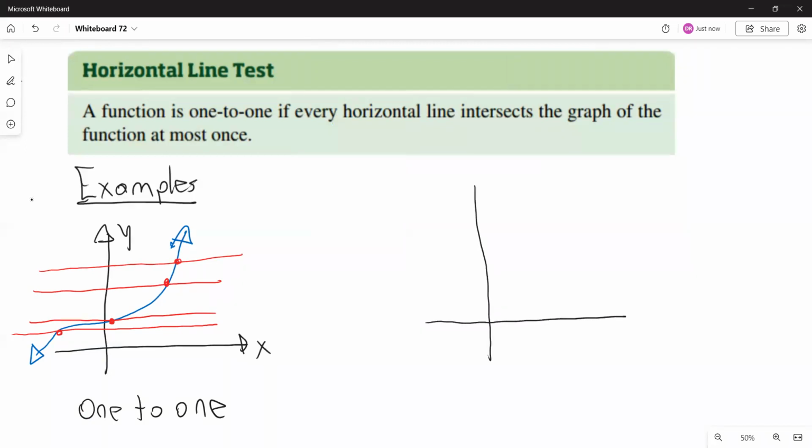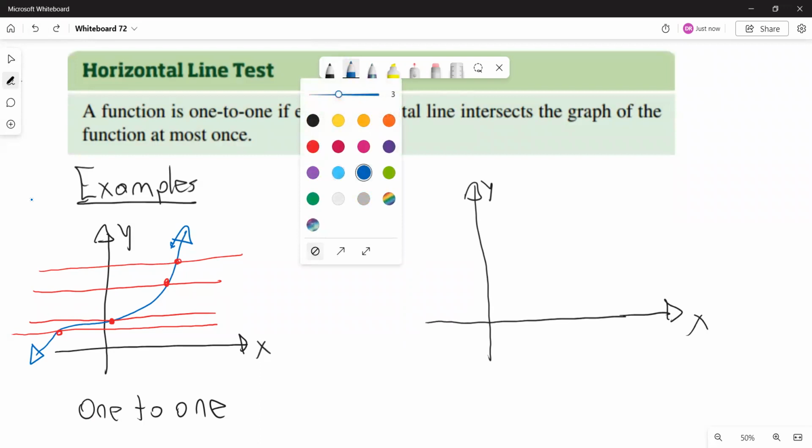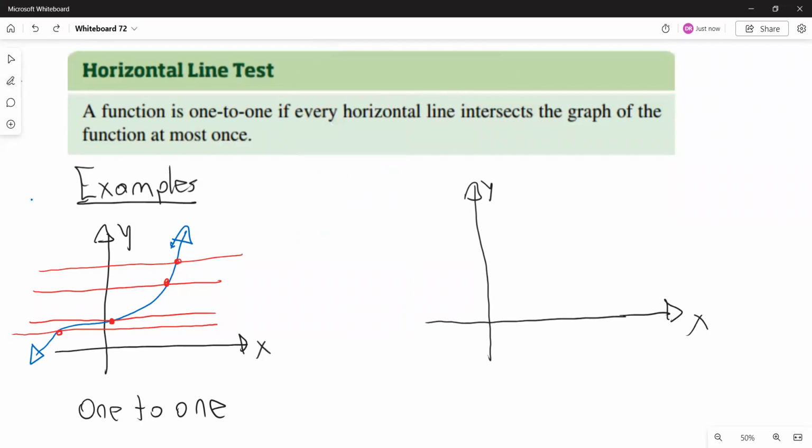And if there's a horizontal line that crosses the graph more than once, then the function is not one-to-one. Let's say that this is the graph of a function, a polynomial function.